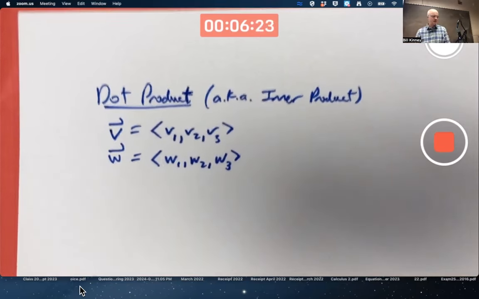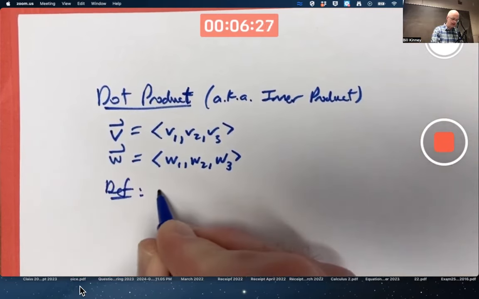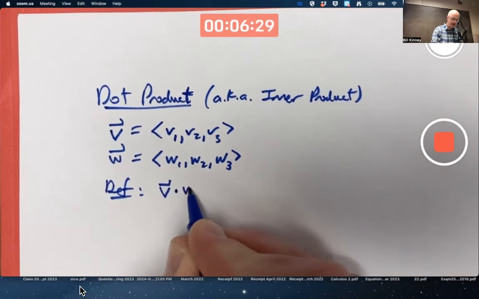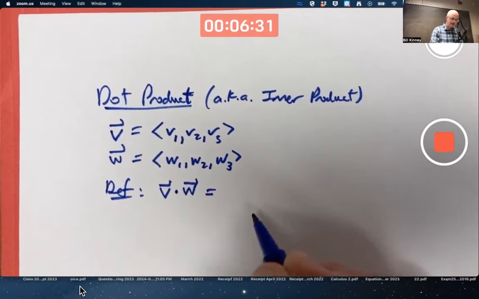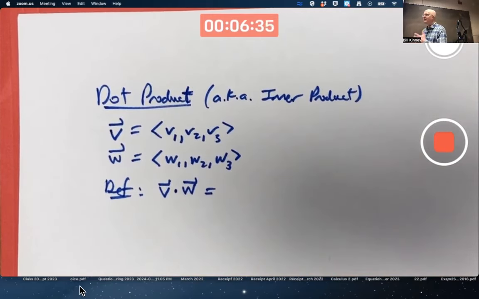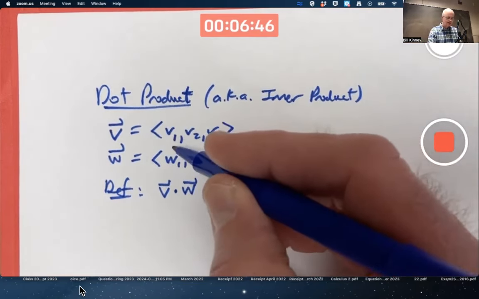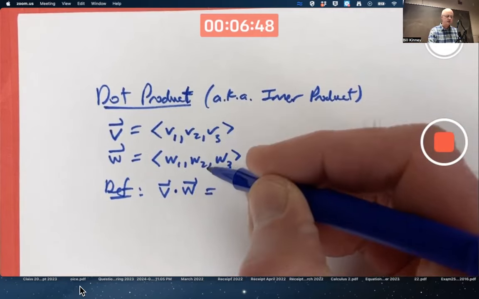V dot W, by definition, V dot W is the sum of the products of the corresponding components, is how to say it in words. Sum of the products of the corresponding components. Corresponding components are the first components, second components, third components.